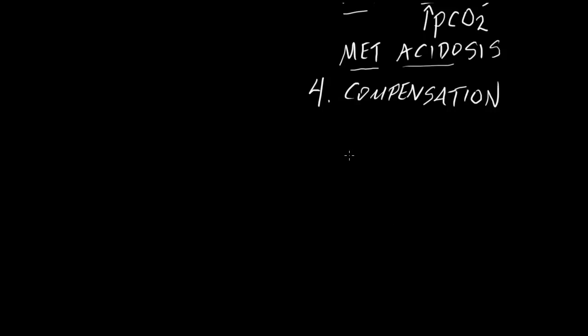So the depth of breathing and the rate of breathing is going to increase. A compensation formula allows us to figure out what our expected PCO2 will be. And that's the Winter's formula, and we use the Winter's formula for metabolic acidosis.